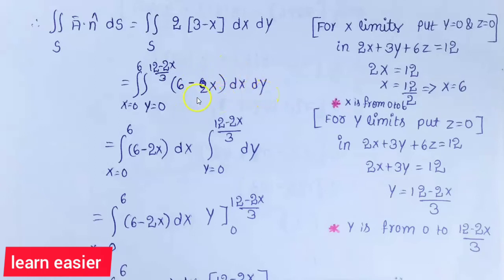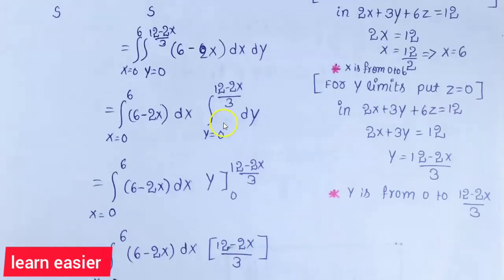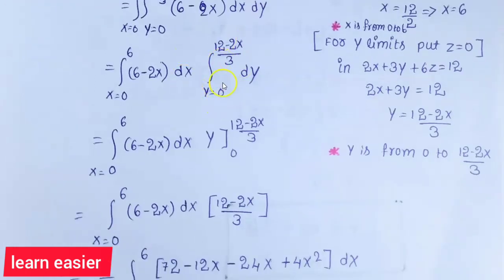Now we have to integrate the y terms first. Here we have no y terms, so first integrate y from 0 to 12 minus 2x by 3 of dy. Here we have no y term, so we have taken 1 into dy. The integral of dy is y, from 0 to 12 minus 2x by 3.